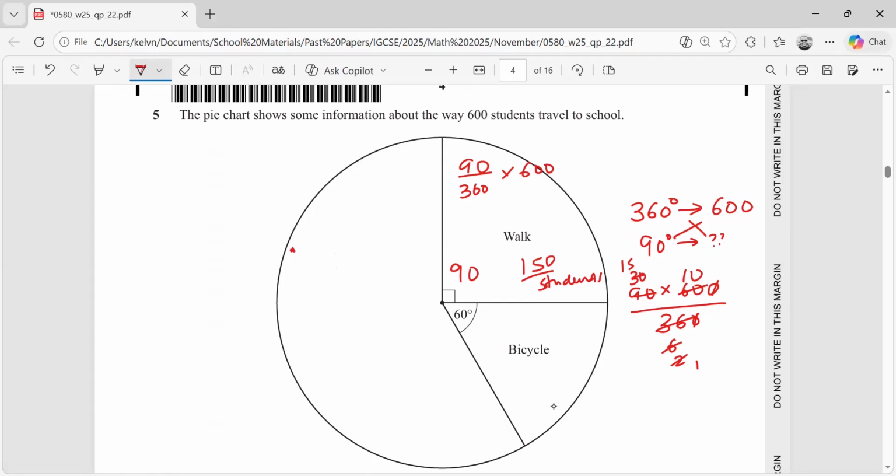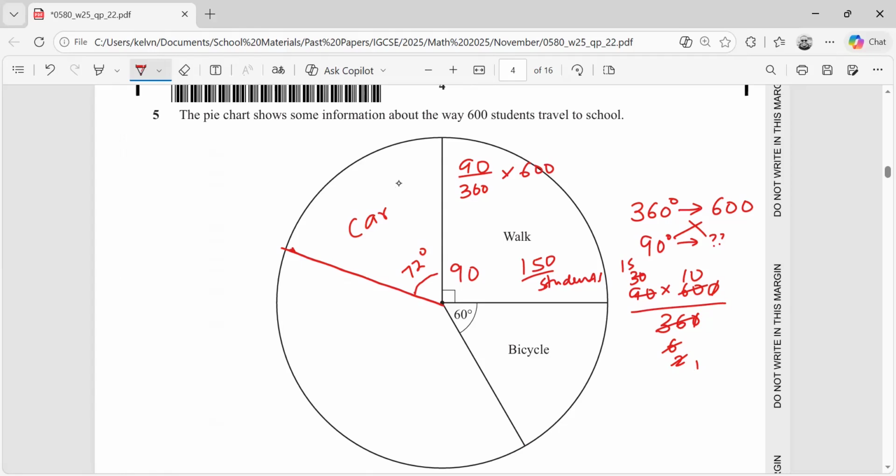Make sure you use a protractor here, and it helps you get it accurately. Not so accurate, but I think you get the idea. So we know this is 72 degrees, and we know this is by car.